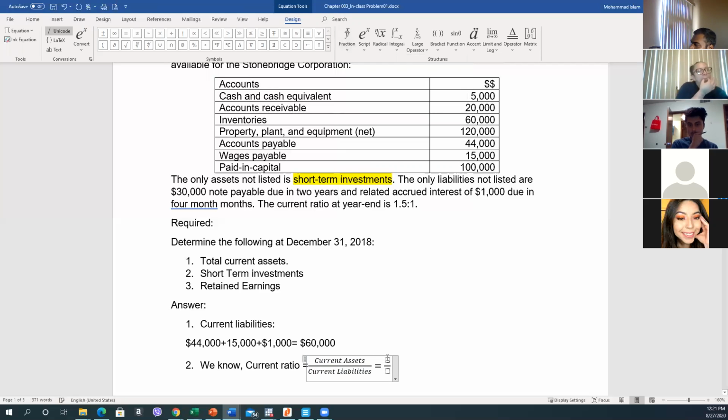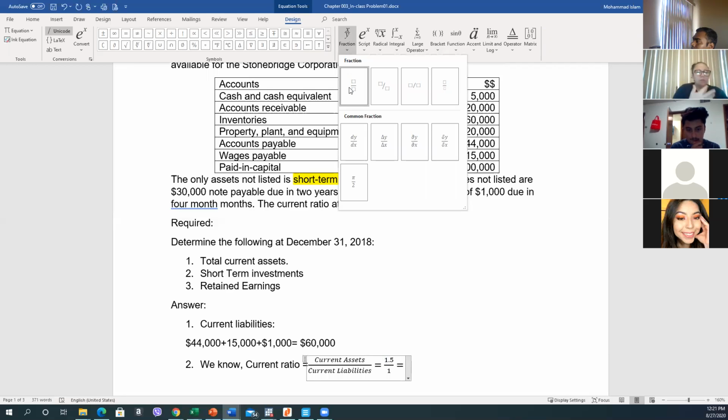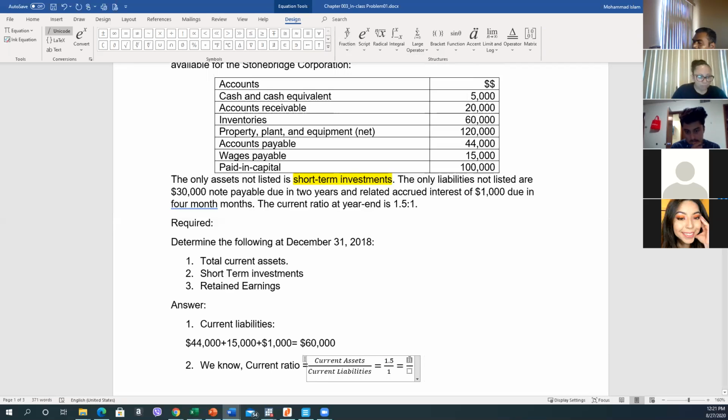That is, current assets over current liabilities is 1.5 to 1. So what is the amount of total current assets?